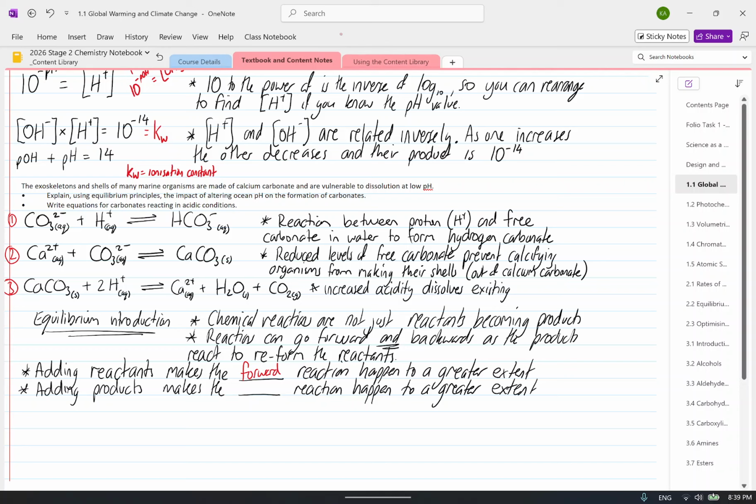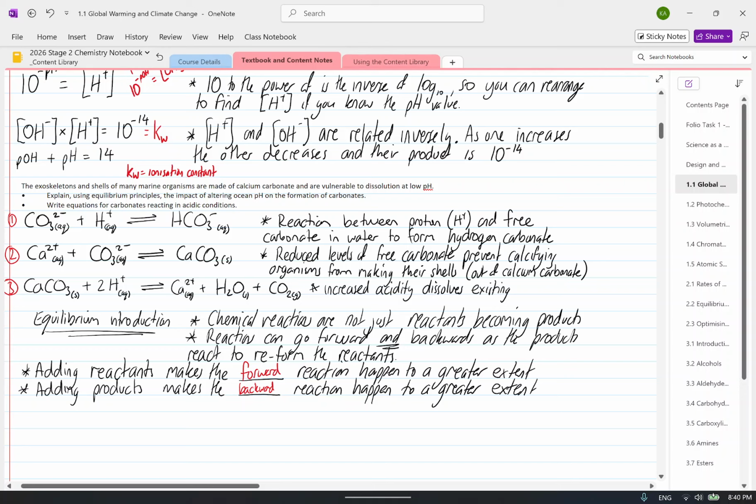Conversely, if you add products, so for example up here, let's go to equation 1. If you put some more hydrogen carbonate into the water, you're going to make the backward reaction, making the reactants, happen to a greater extent.